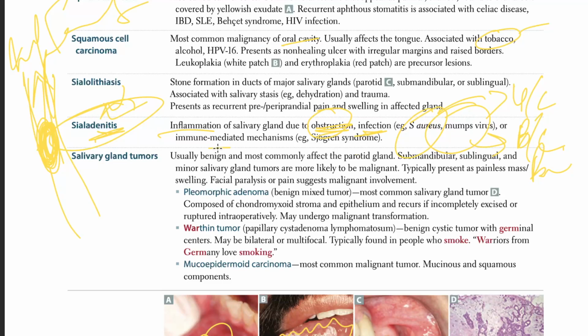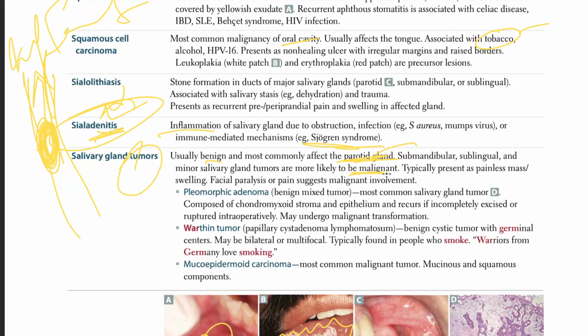Or the second thing is the immune-mediated mechanism like Sjogren's syndrome. Then you have these salivary gland tumors, usually benign, most likely affecting the parotid gland because that's the major gland. Submandibular and sublingual are the minor salivary glands. But if you have a tumor on these minor glands, it's got to be malignant.